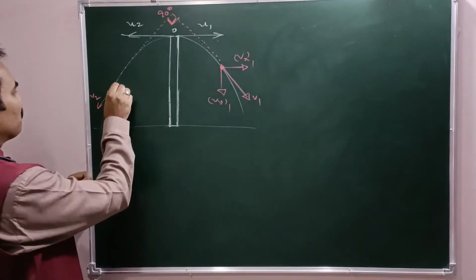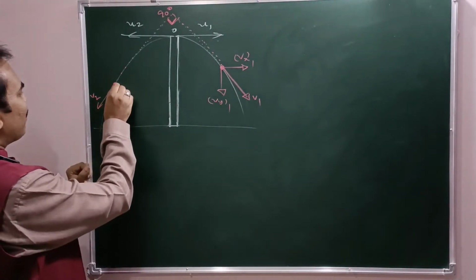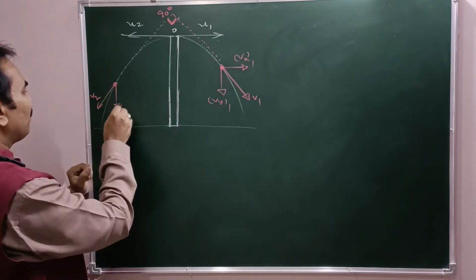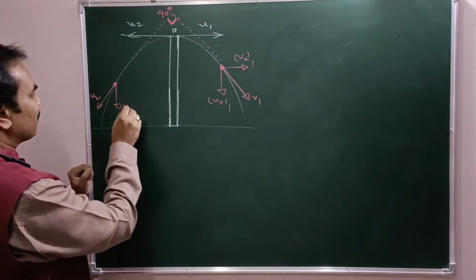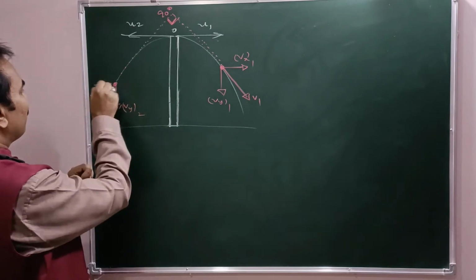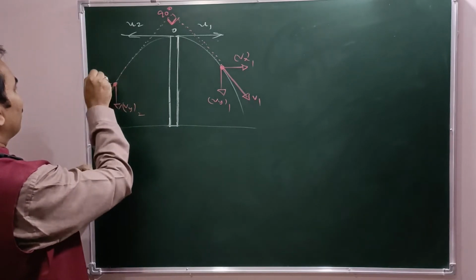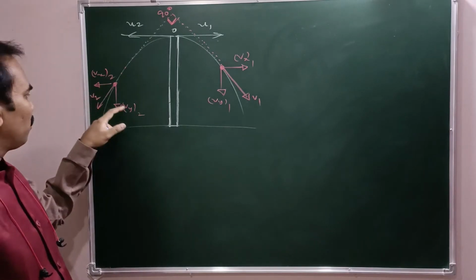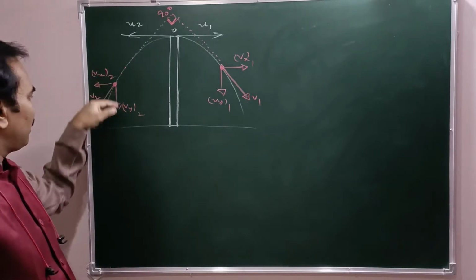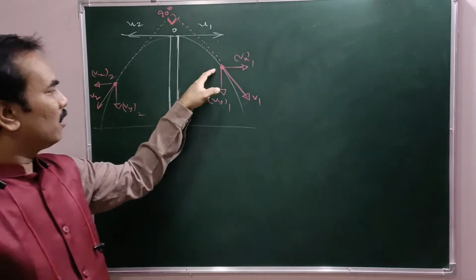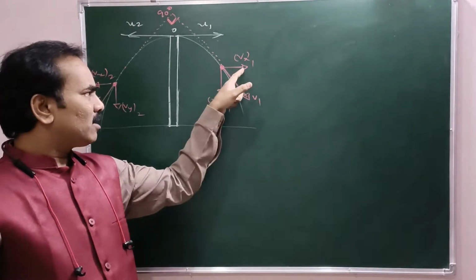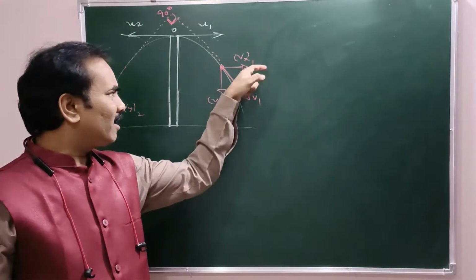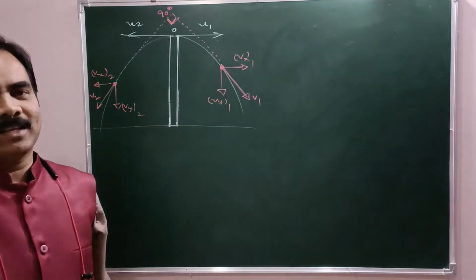Here also, the velocity is divided into two components like that. This is Vy for the second projectile, and this is Vx for the second projectile. V2 can be resolved into two components, one along x and another along y. Here also, V1 is resolved into two components, one along x and the other along y.